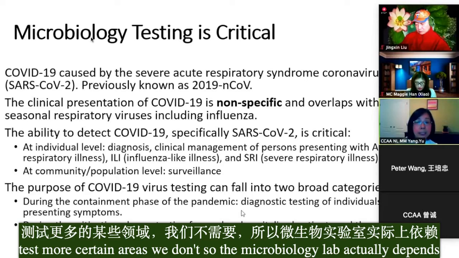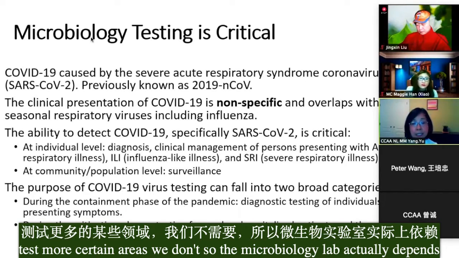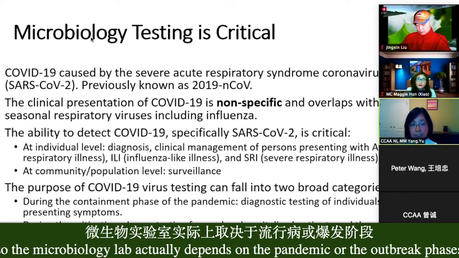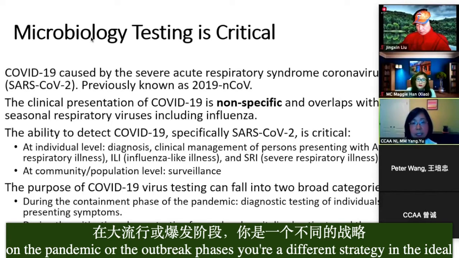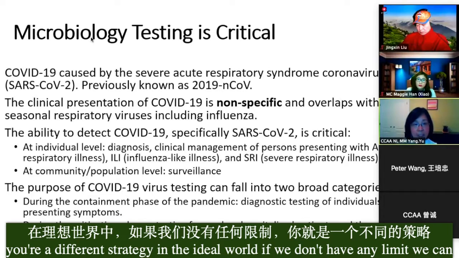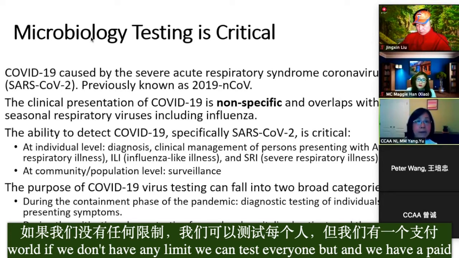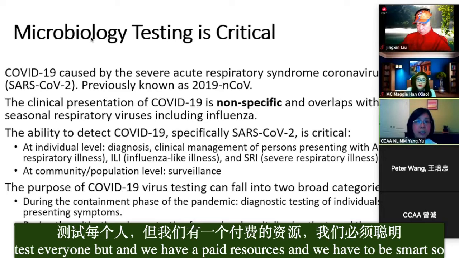The microbiology lab actually depends on the pandemic or the outbreak phases. There are different strategies. In the ideal world, if we don't have any limit, we can test everyone. But we have limited resources and we have to be smart.